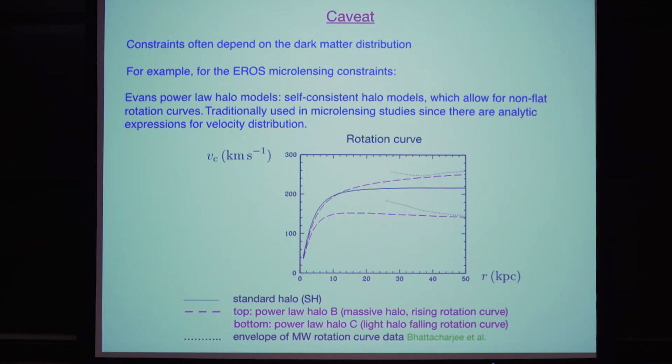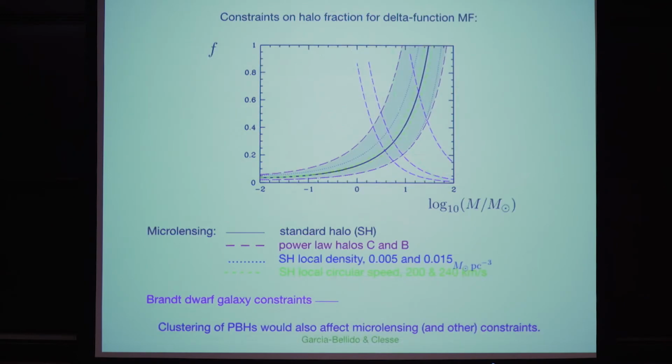The two power law halo models I looked at: one has a relatively massive halo with a rising rotation curve, and one has a much lighter halo. I'm not claiming that either of those models is a good approximation to the Milky Way. What I'm trying to do is look at models that span the uncertainties in observations of rotation curves.